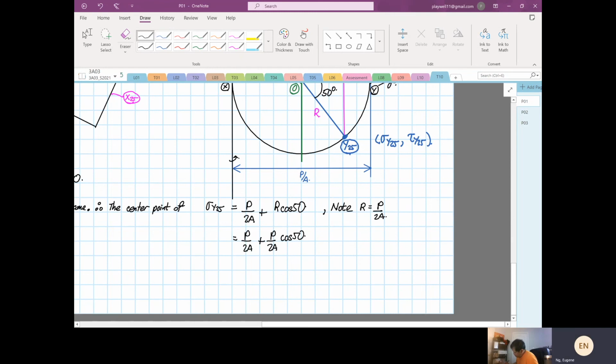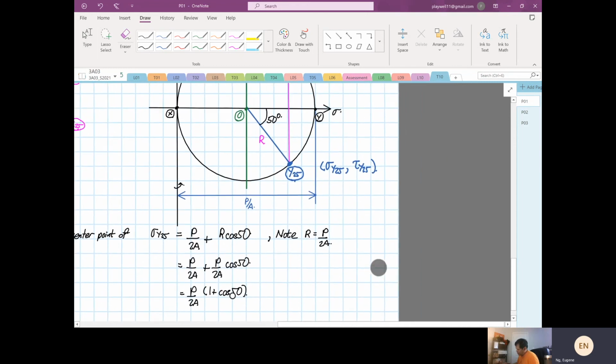We can take things out, so this is P over 2A times (1 plus cos 50). That's how we get the normal stress.